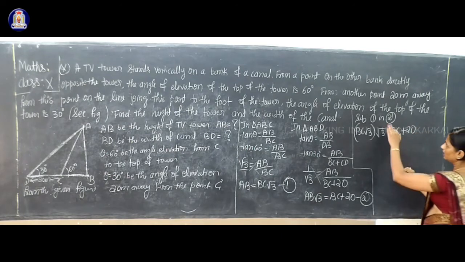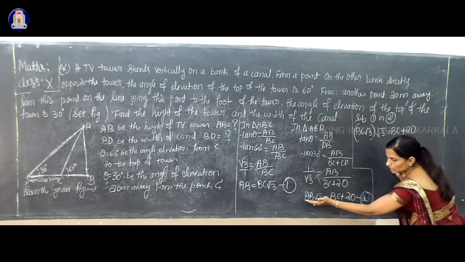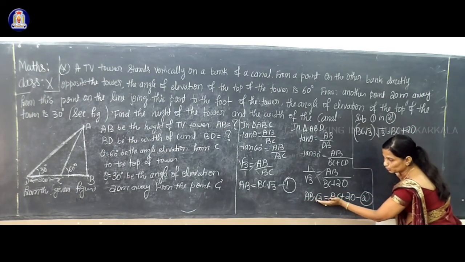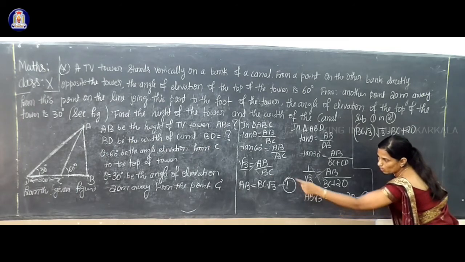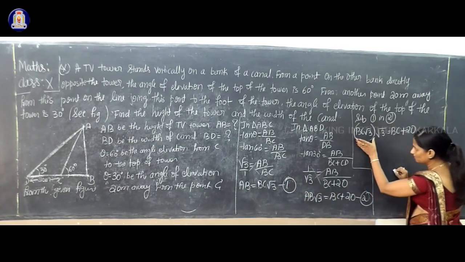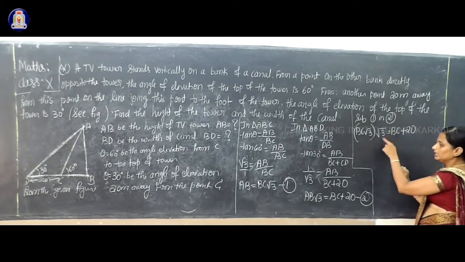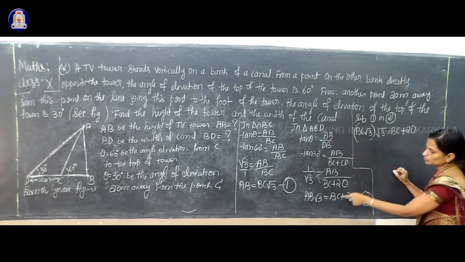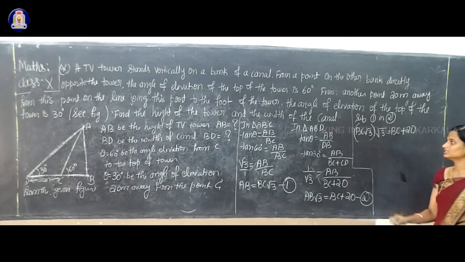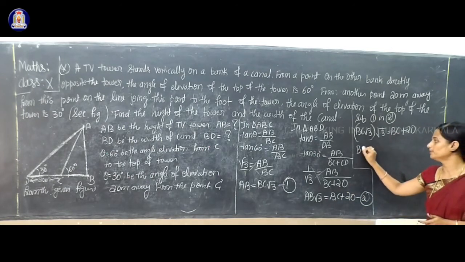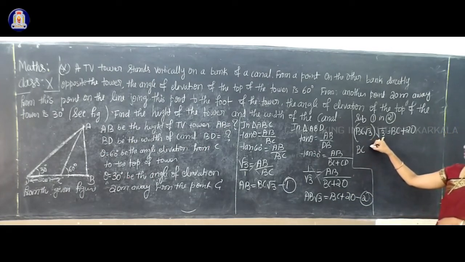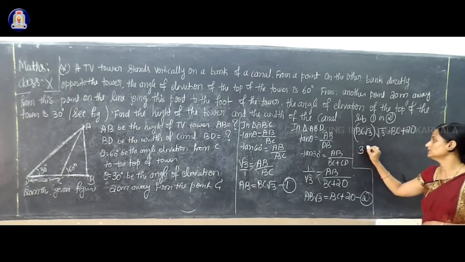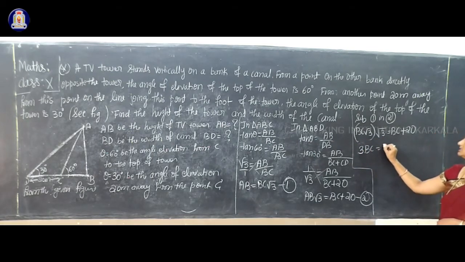BC root 3 into root 3 is how much here? 3. So that is 3BC equal to BC plus 20.